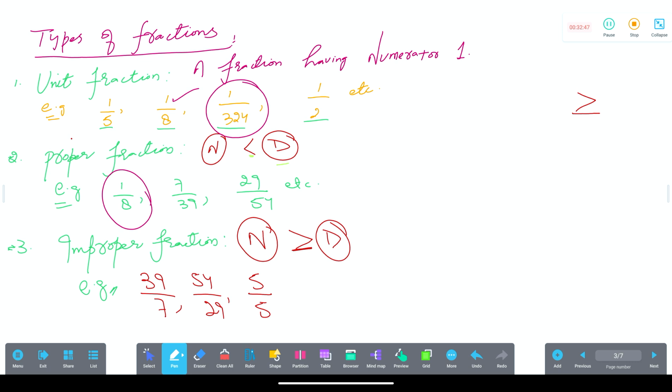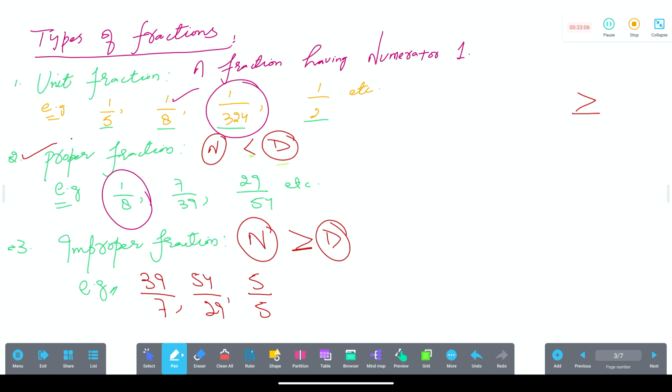So we will continue in the next lecture. We will try to come back to the definition that we have written: a fraction is a part of a whole. That definition is completely fitted by the proper fraction.